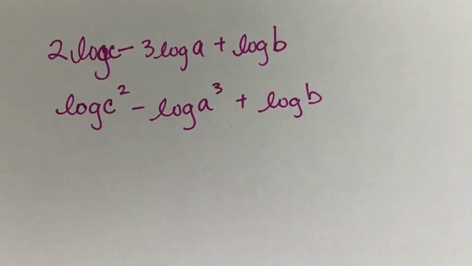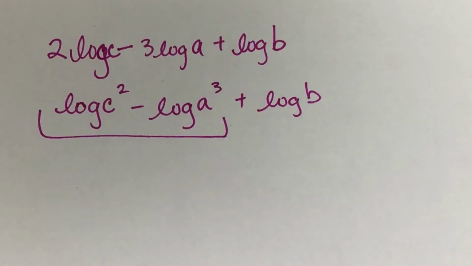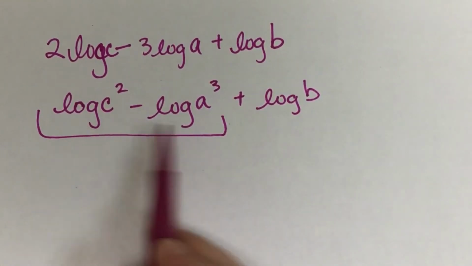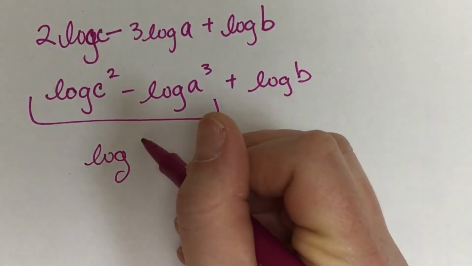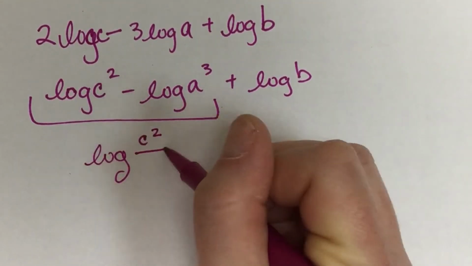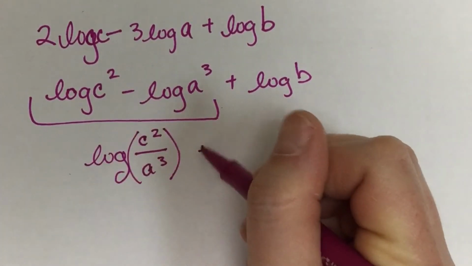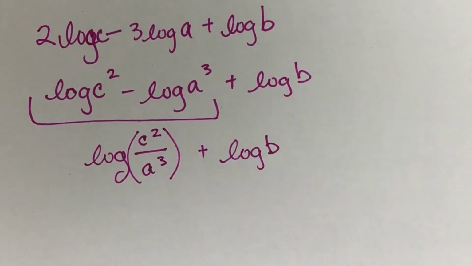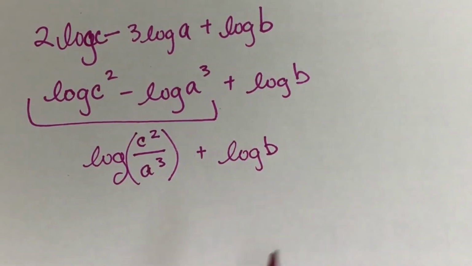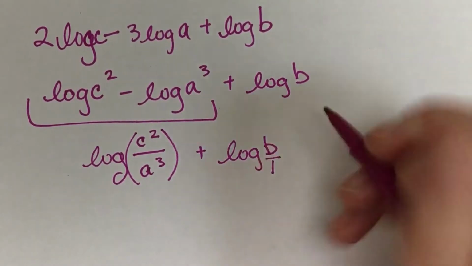But now because I have no parentheses, the first thing I need to do is condense from left to right. So when I go to condense this, this would become log of the quotient of c squared over a cubed plus log of b. Well, one thing you guys just need to remember is that's log of b over 1.